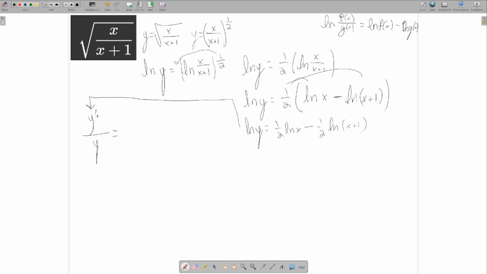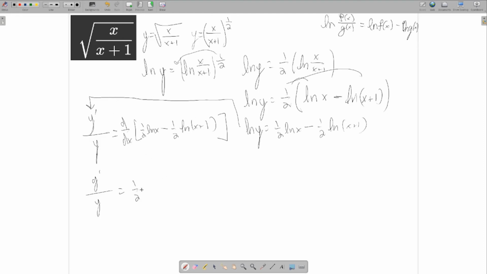So y prime over y is equal to the derivative of 1/2 natural log of x minus 1/2 natural log of x plus 1. Close brackets. Y prime over y equals, and now we can just differentiate this like normal.